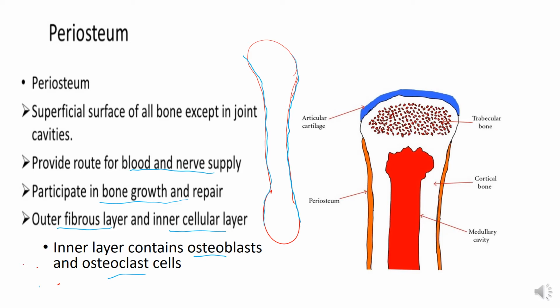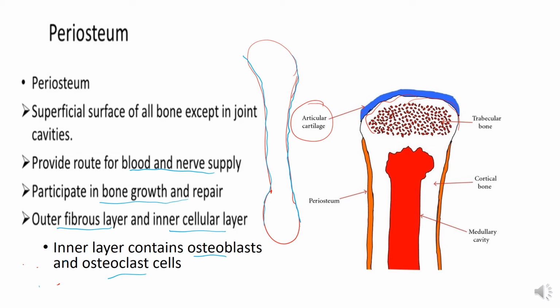Now, periosteum. Long bones are almost completely covered by a vascular membrane, the periosteum, except at the upper parts of the ends, which take part in the articulation of the joint. They are covered by the articular cartilage. Except for that part, the whole outer surface of the bone is covered by the periosteum.